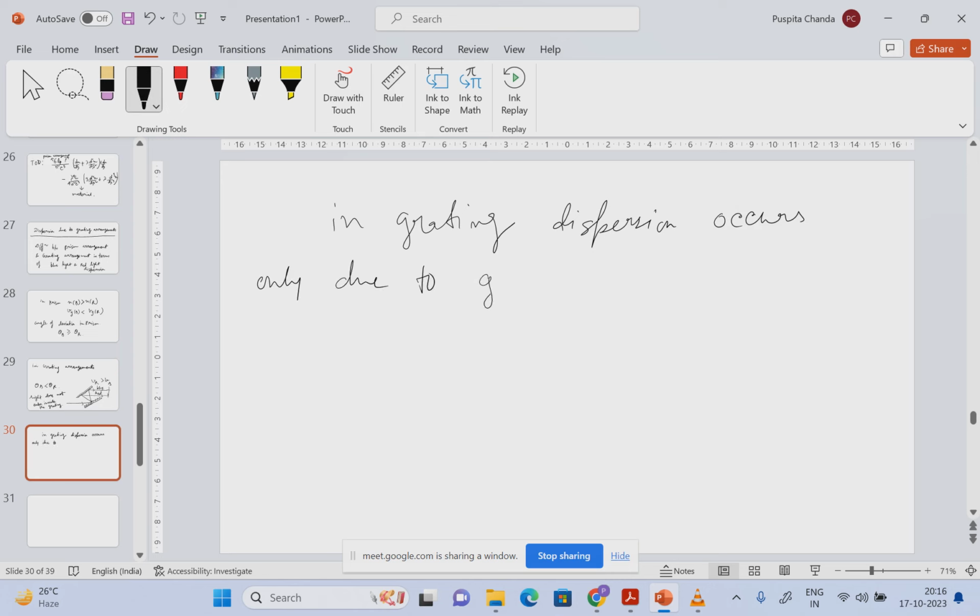Due to grating arrangements. For going into the calculation, some parameters of the grating should be known.